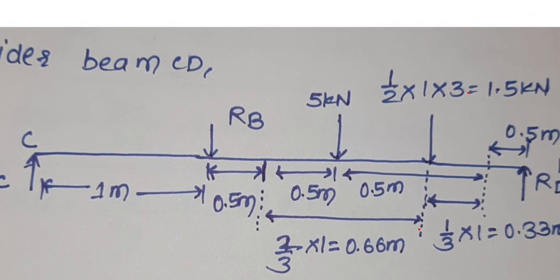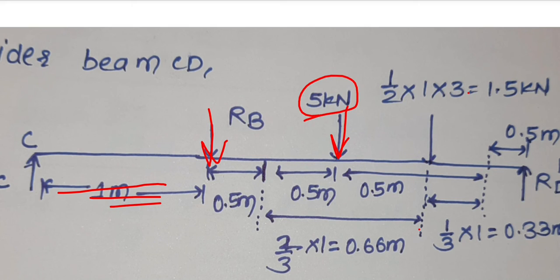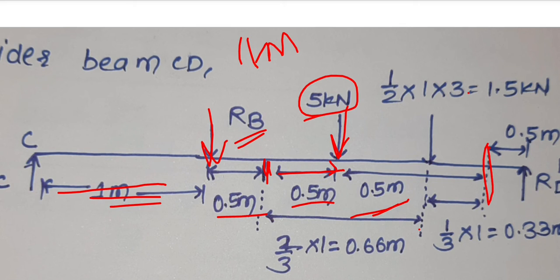On this beam at a 1 meter distance, RB in vertically downward direction, and this 5 kilonewton force of uniformly distributed load at a 0.5 meter distance. So it will be 0.5 plus 0.5, that is at a 1 meter distance from this RB, and at a 0.5 meter distance from this point.